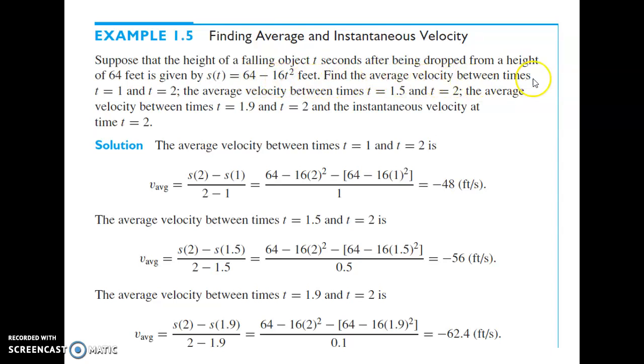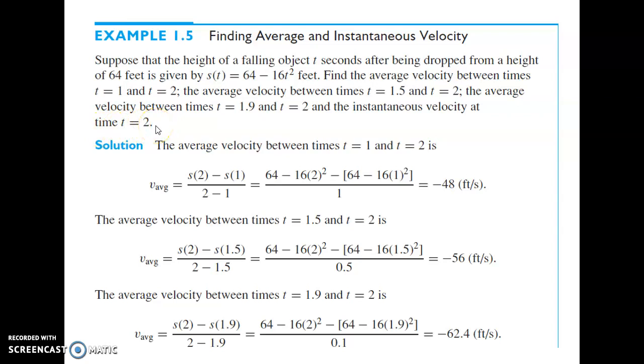Find the average velocity between times t equal to 1 and t equal to 2. That means the secant line between these two points. Then the average velocity between another set of points, 1.992 and 2, and finally the instantaneous velocity at t equal to 2.